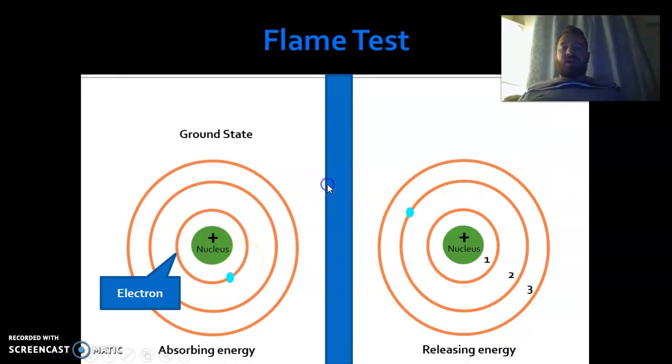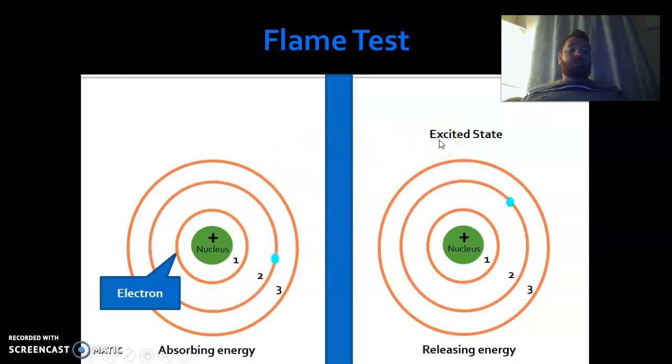Alright, and the major idea here is that as our atom absorbs energy, right, you can see that we have some energy coming into our atom, our electron is able to jump up an energy level. Okay. Now, on the right diagram you have at the bottom right of your green sheet is the excited state, so make sure you're writing that in here as well.